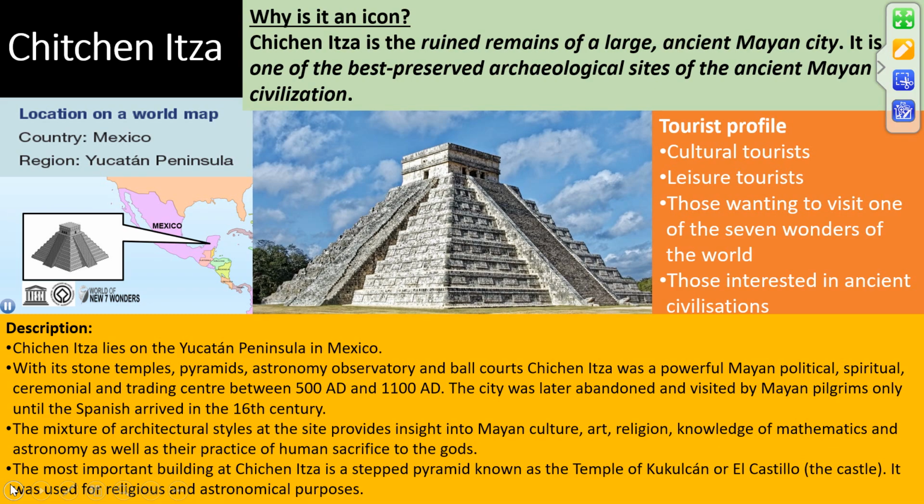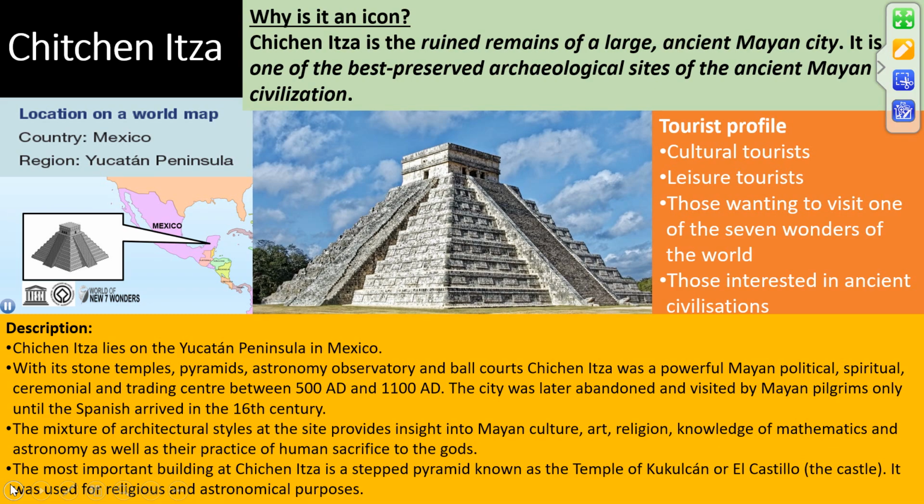Chichen Itza was also a powerful Mayan political, spiritual, ceremonial, and trading center between the years of 500 AD and 1100 AD. The city was abandoned and only visited by Mayan pilgrims until the arrival of the Spanish in the 16th century.